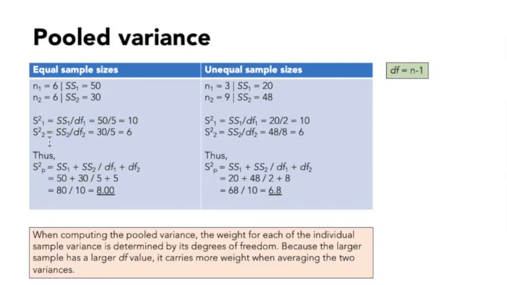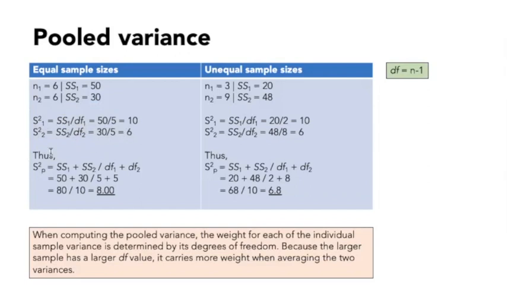And the variance for the second group is again the sum of squares divided by degrees of freedom. The sum of squares is 30, and the degrees of freedom is 5 again because of the same sample size. So 30 divided by 5 is 6.